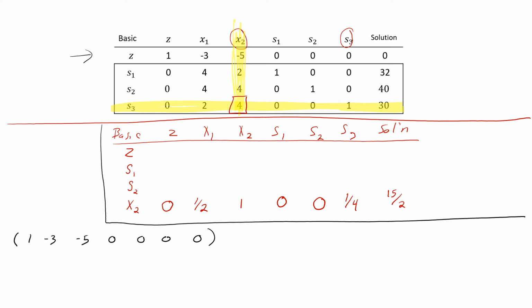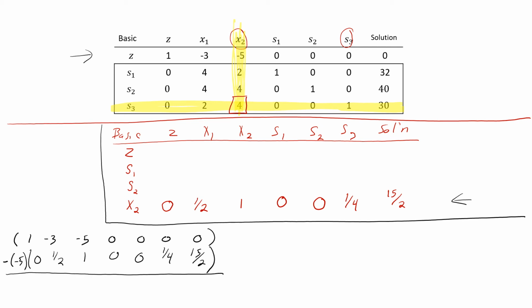Subtract from it the coefficient in the pivot column. That row in the pivot column has the number -5. So it's minus -5 times the new pivot row that we just calculated: 0, 1/2, 1, 0, 0, 1/4, 15/2.